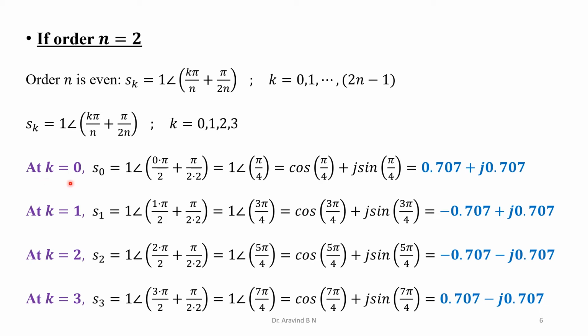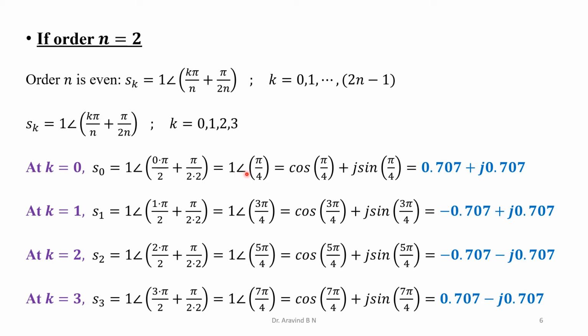Now at each value of k, calculate s_k. So at k is equal to 0, s naught is equal to 1. This 1 is going to be the magnitude. 1 at an angle of 0 into pi divided by 2 plus pi divided by 2 into 2. So that n is being substituted as 2. That will be a constant throughout the calculation.